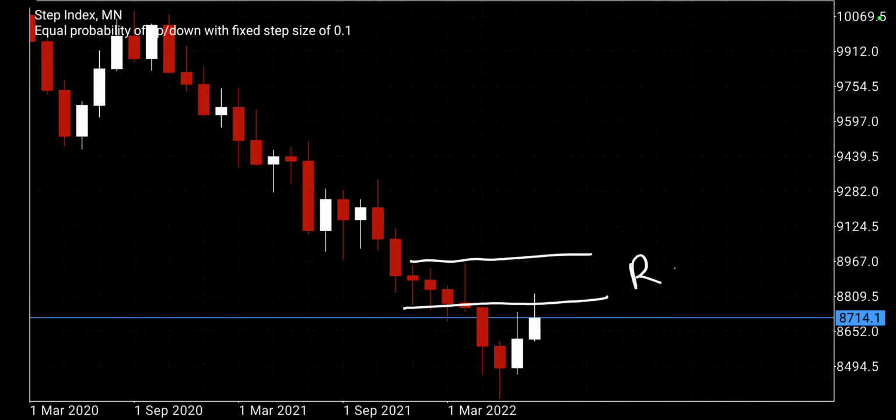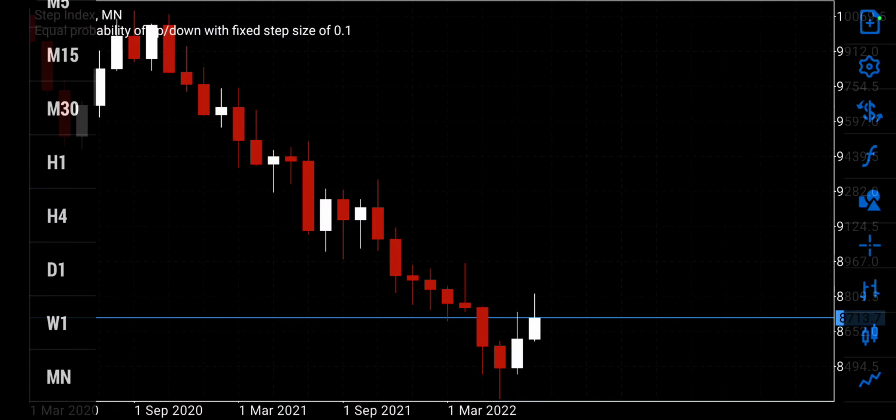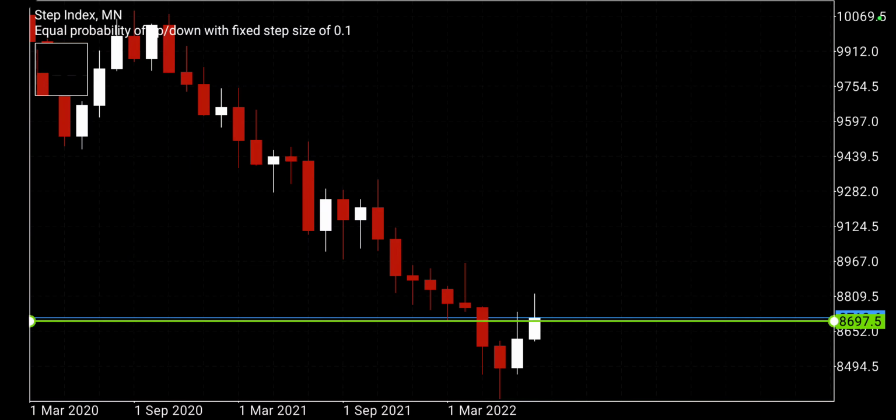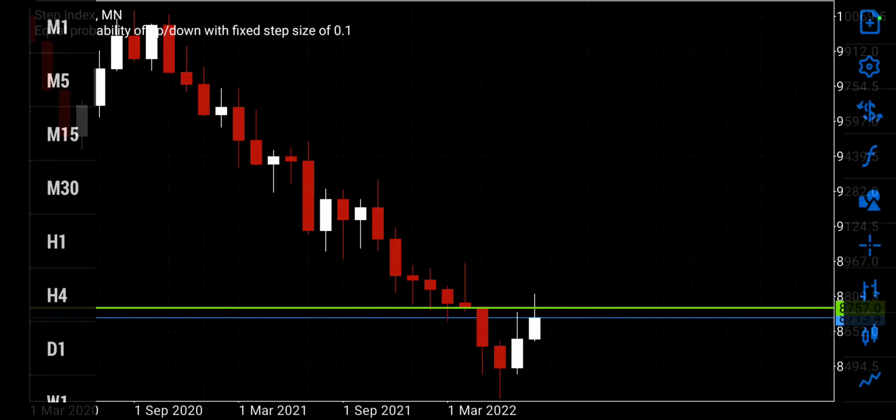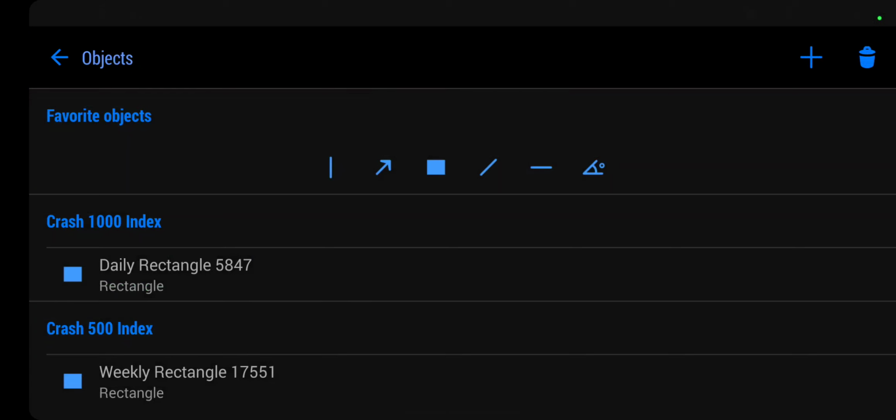So if you've been getting trades to go long on your smaller time frames, it's no longer a good idea to continue doing so, because you have hit a resistance on a monthly chart, right? So let's put a horizontal line where that starts, so that when we're moving to weekly, we know exactly where the monthly area of resistance starts. That's all that you need from this time frame.